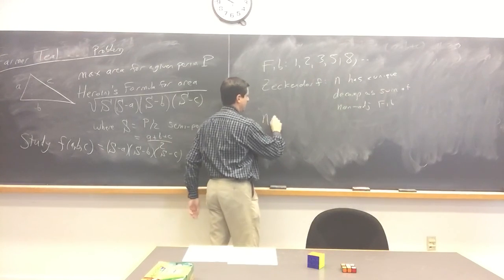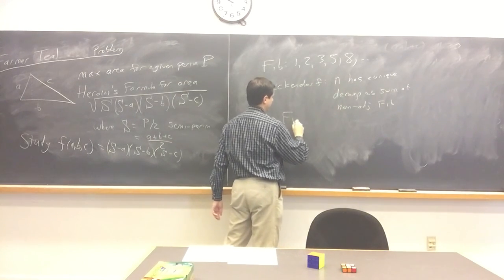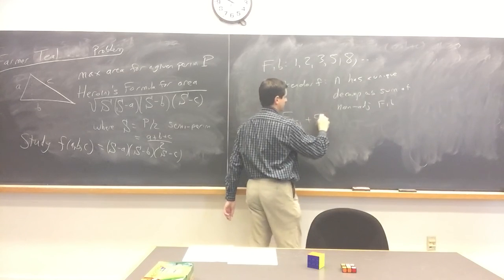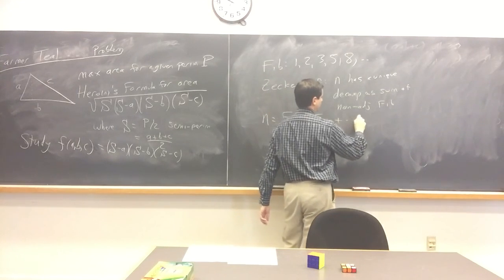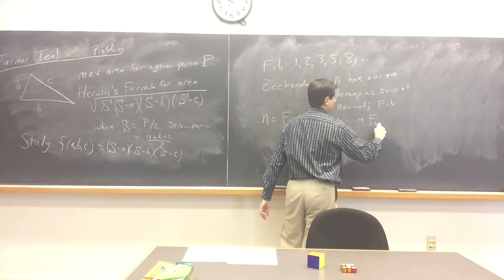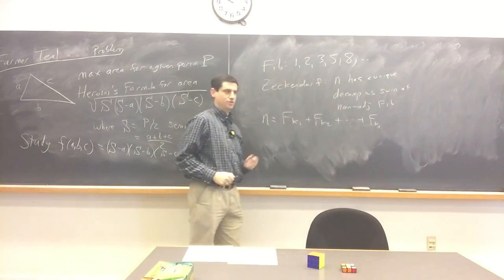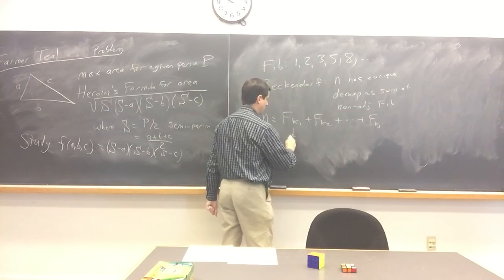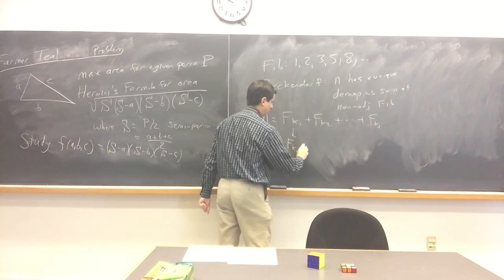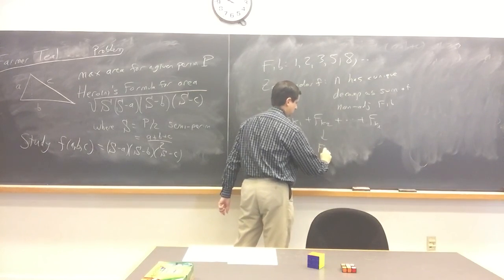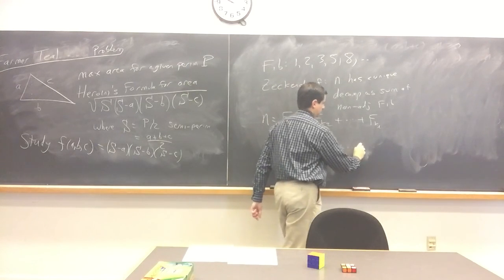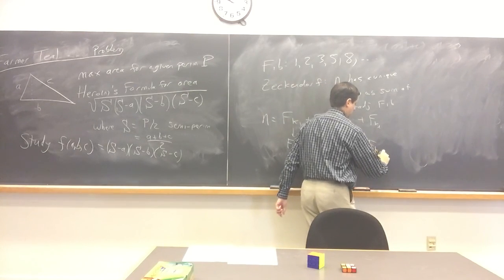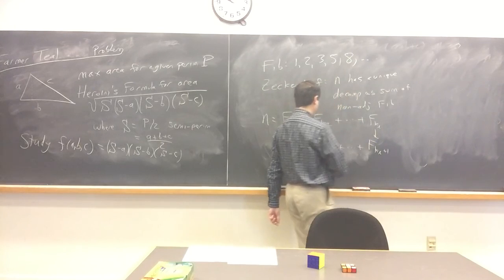So let's say I write my number n as F_k1 plus F_k2 plus dot dot dot plus F_kL. I write it in its Zeckendorf decomposition. Okay. I now shift all the indices by 1. So I just shift every index down by 1.